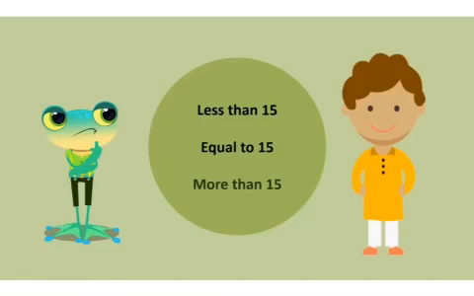Or she may score more than 15. So let us see if we can represent Pinky's score on this whiteboard. Now, if she scores 15, then she would score just the same amount as Guru. So that would be 15 equal 15.